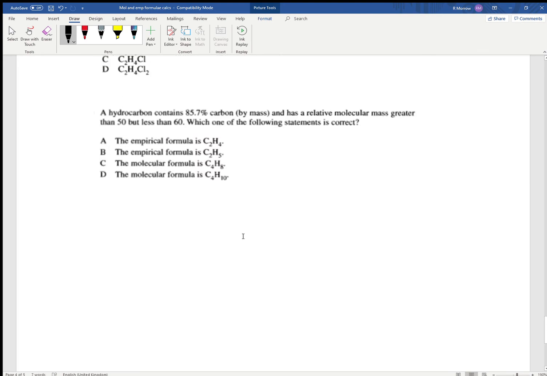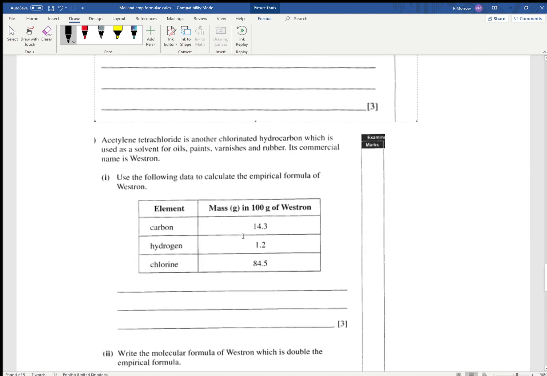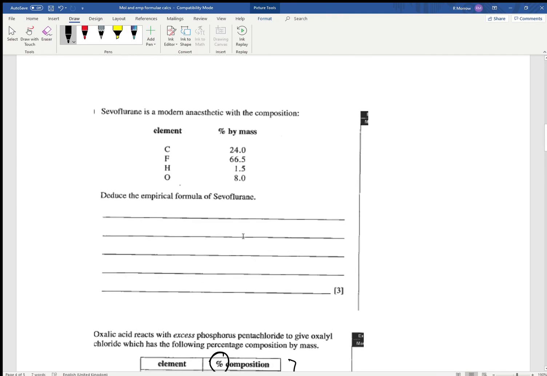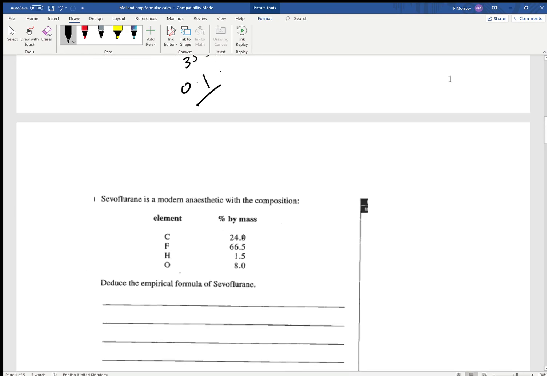No, I think I'll leave the rest up to you guys, because they represent a reasonable challenge. I've done some simple ones, some middle ones, and a tricky one there, so it's up to you to have a go at the rest of those. All the best, and I will see you in class next day.